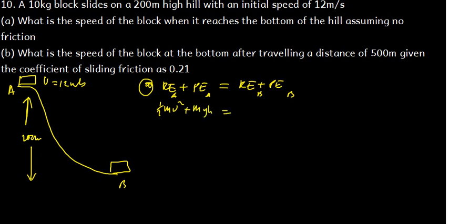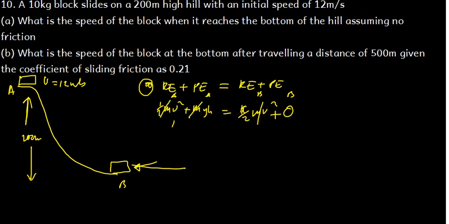Kinetic energy at the bottom is going to be given by half mv squared. But the potential energy, notice that the height here is 0, so the potential energy is going to be 0. Notice that the mass is going to cancel out.